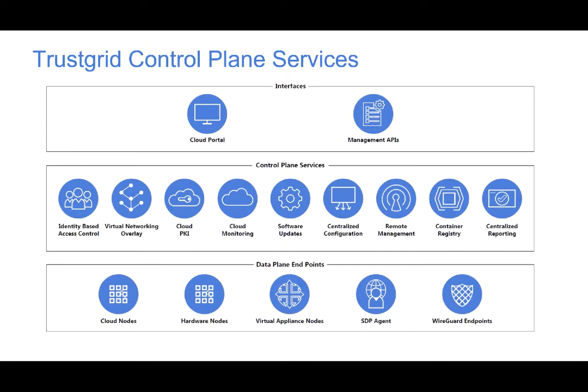Trustgrid supports both Hyper-V and vSphere virtual appliances for easy deployment in existing private data centers or private cloud environments. Trustgrid's SDP agents support WireGuard, OpenVPN, and via our WebSocket API, a variety of other Windows, Mac, iOS, and Android agents.